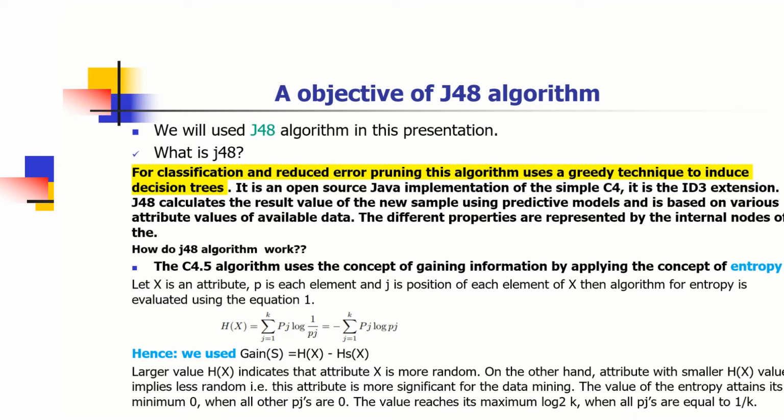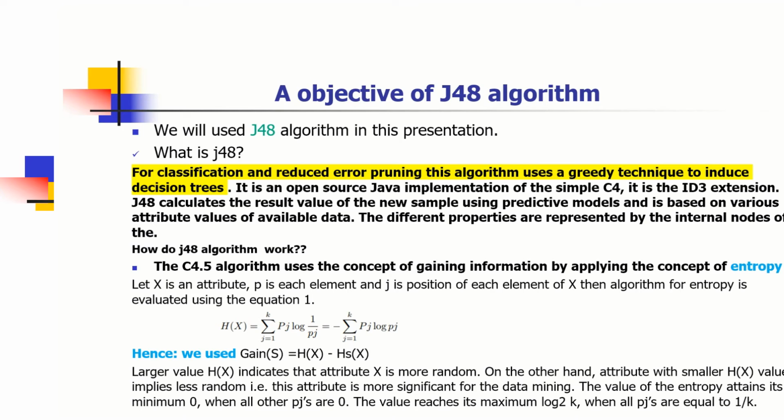Objective of this work. First, in abstract, we use J48 in this presentation for classification and to reduce error. Running this algorithm uses a greedy technique and uses a decision tree, J48. It calculates the result value of a new sample using predictive models, based on various attribute values of available data.